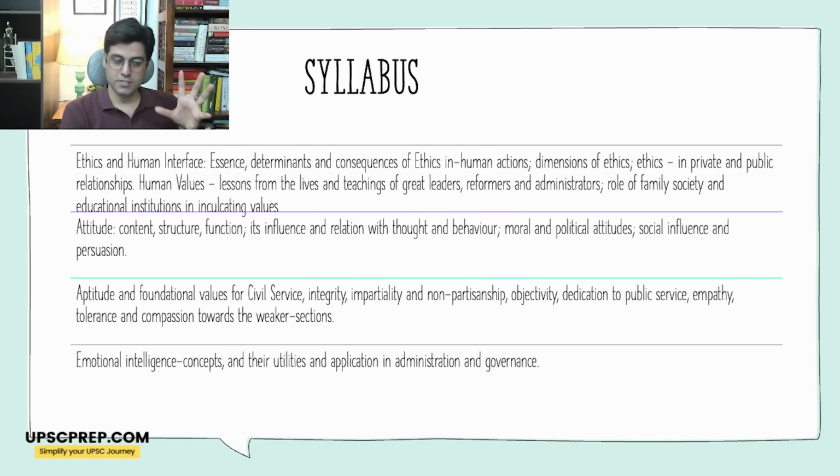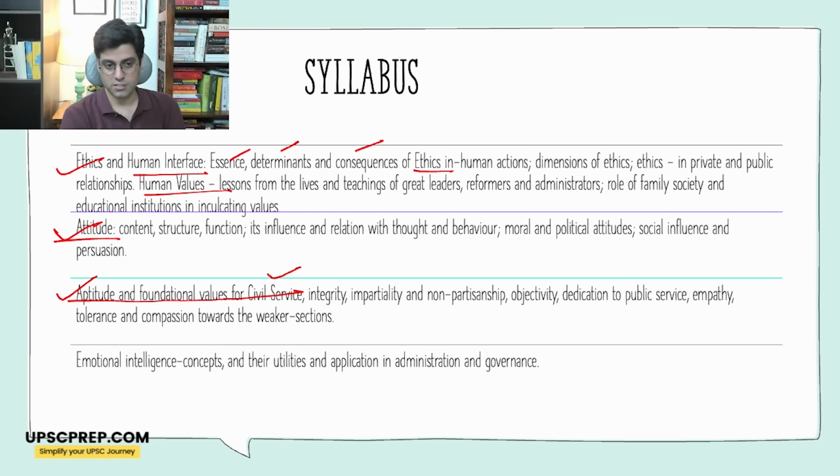So if you look at the syllabus of ethics, first let's look at what constitutes the standard, or you can say the theoretical part of ethics in the syllabus. Ethics and human interface, which includes the essence, determinants, consequences of ethics, and also human values. Then you have attitude related topics, aptitude and foundational values for civil services, emotional intelligence.